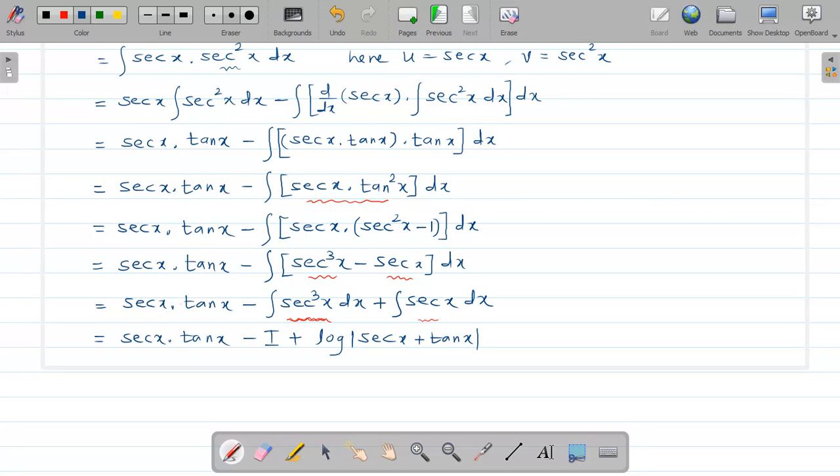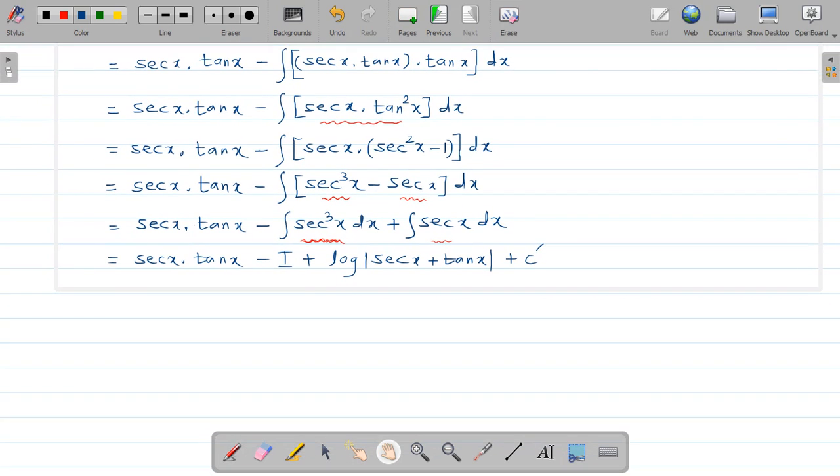Now consider the integration constant as c dash for further adjustment, because the left hand side is also I here.